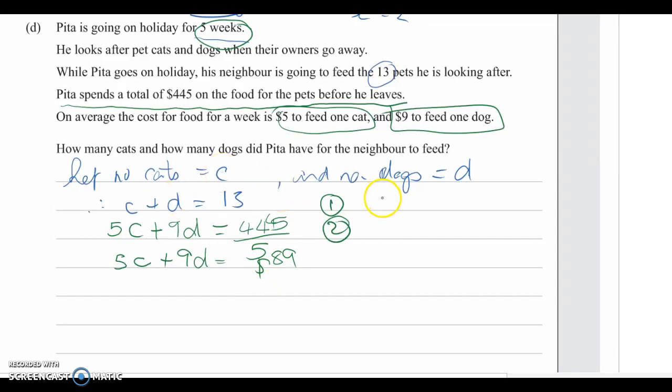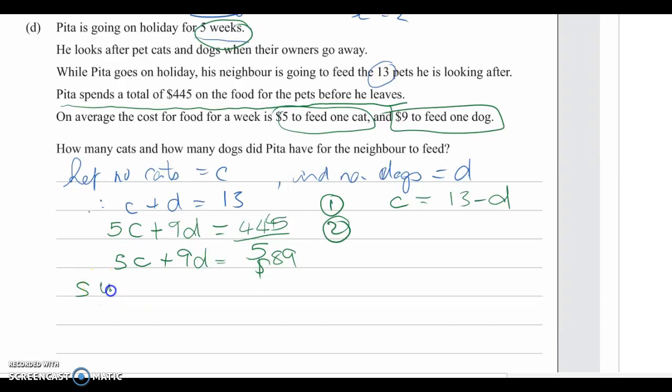I'm going to rearrange 1 so that the number of cats equals 13 minus D. I've just taken that D to the other side. Now you could have, of course, done elimination, but I'm going to do substitution.